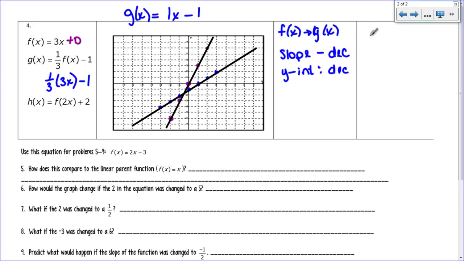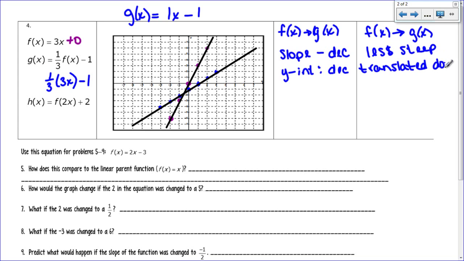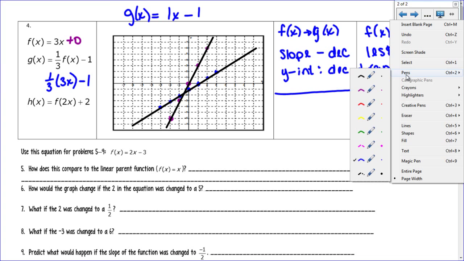And so the changes that happened from f of x to g of x were that it got less steep because of the slope, and it translated down 1 unit because it went from 0 to -1. So that's what changed, and that's what that change made.